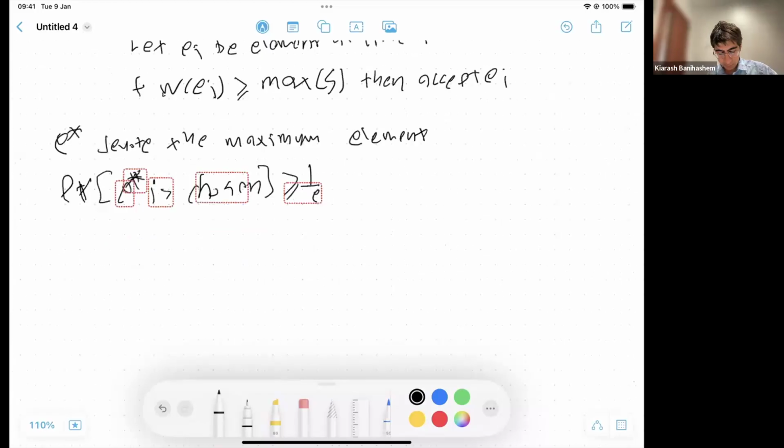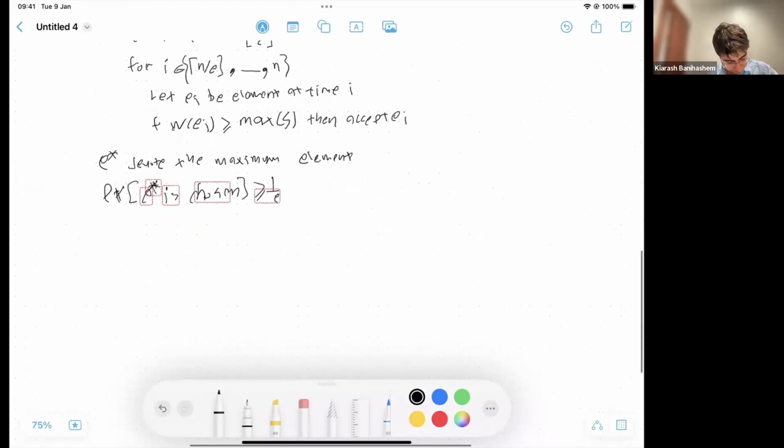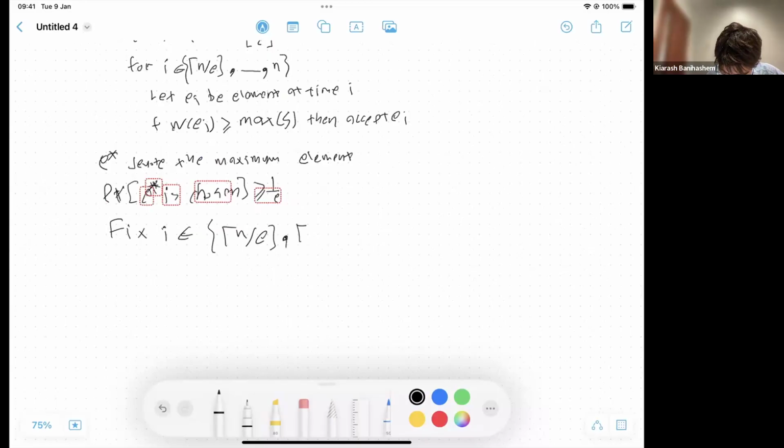How do I show this? Well, fix some time index i in the range n over e plus 1 all the way to n.